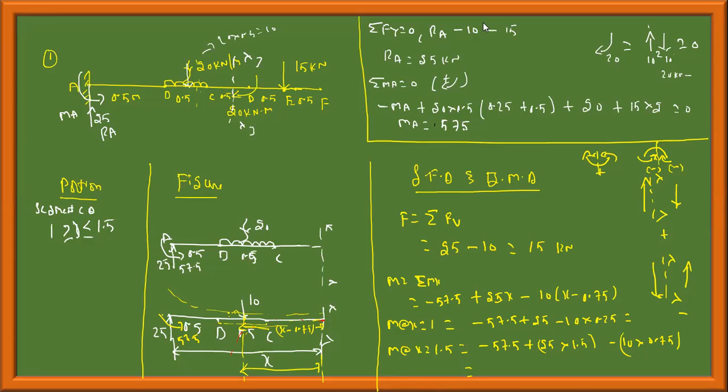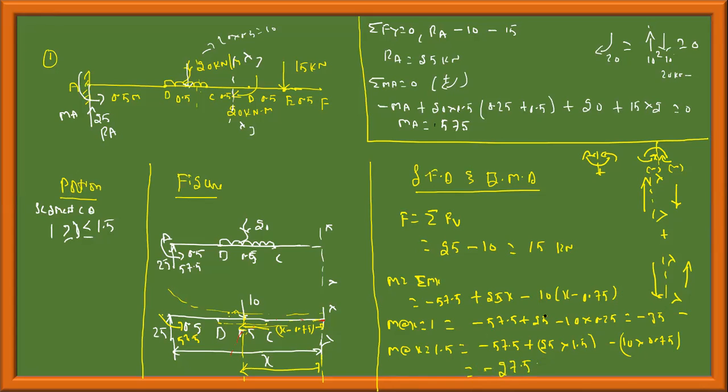Minus 35, sir. Minus 35 at x equal to 1, right? At x equal to 1.5, minus 27.5.